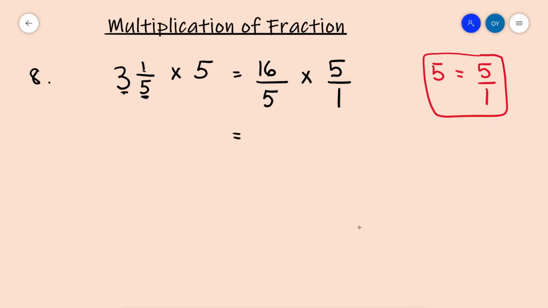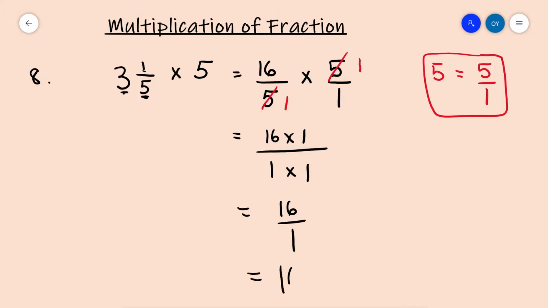And so now we can divide across. So 5 divided by 5, 1. 5 divided by 5, 1. So we have 16 times 1 over 1 times 1. And that is 16 over 1. And that is 16.